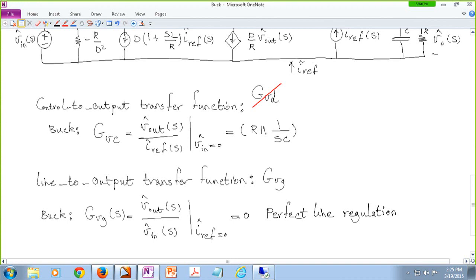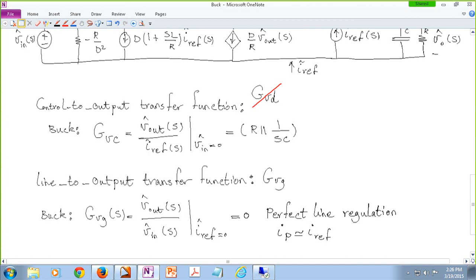So the disturbances in the input voltage do not influence the output voltage, since the inductor current only depends on the reference, okay? Nothing with the input voltage. Now remember, this is true because of the assumption that we made, and that was the pole current is almost the same as the reference.